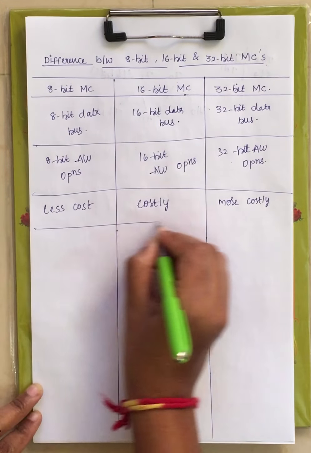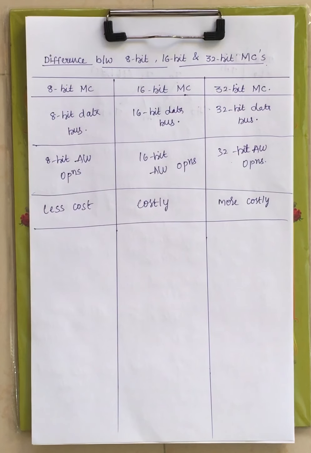Least cost is for 8-bit, somewhat more for 16-bit, and 32-bit has more cost than 16-bit and 8-bit. This is the third difference.